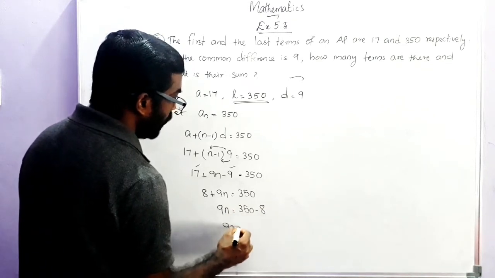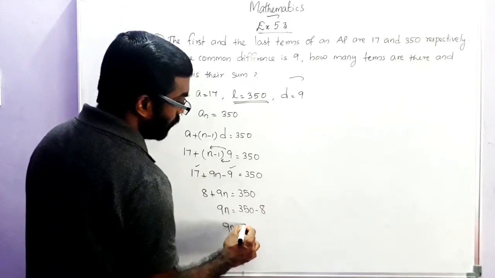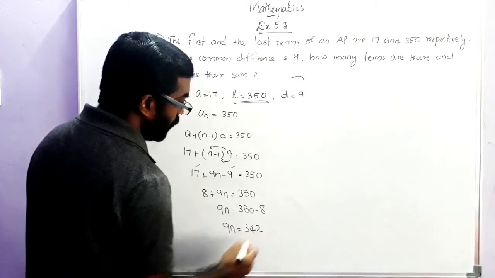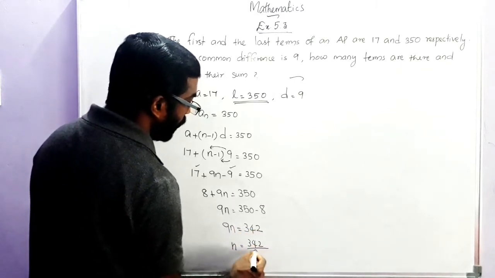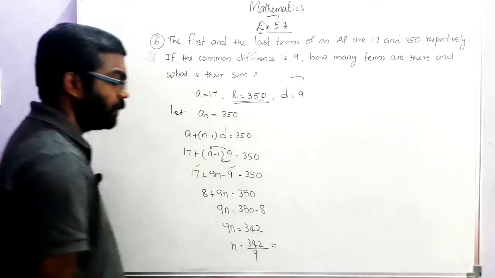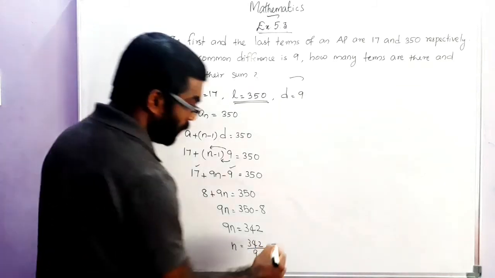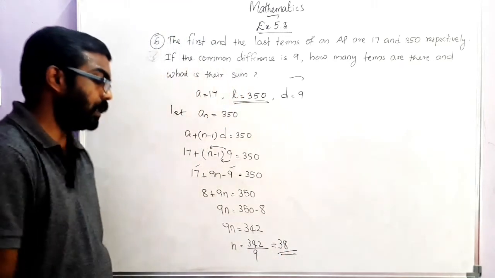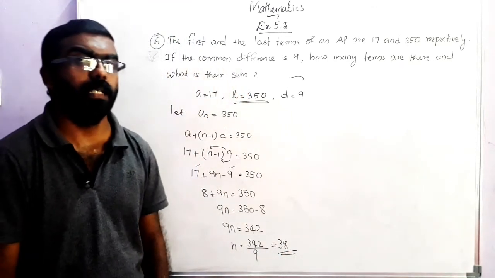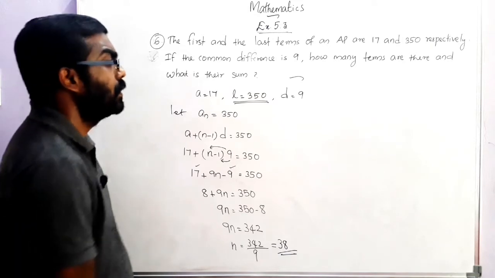That is 9n is equal to 342, and n is equal to 342 divided by 9, which is 38. That means the value of n, the number of terms, is 38.